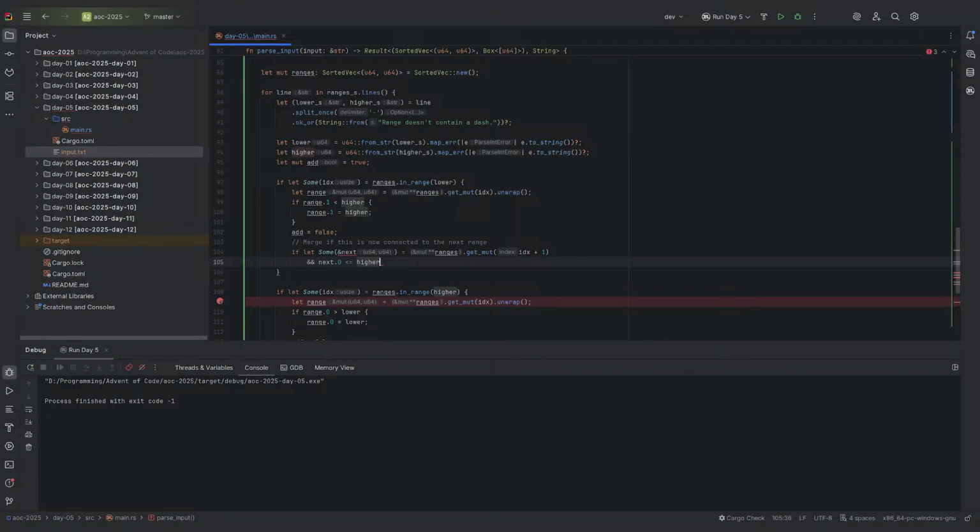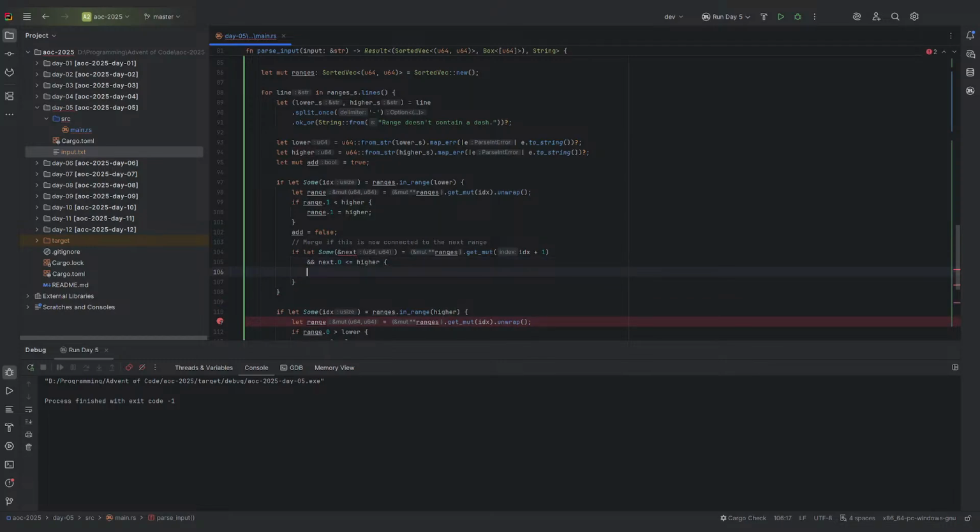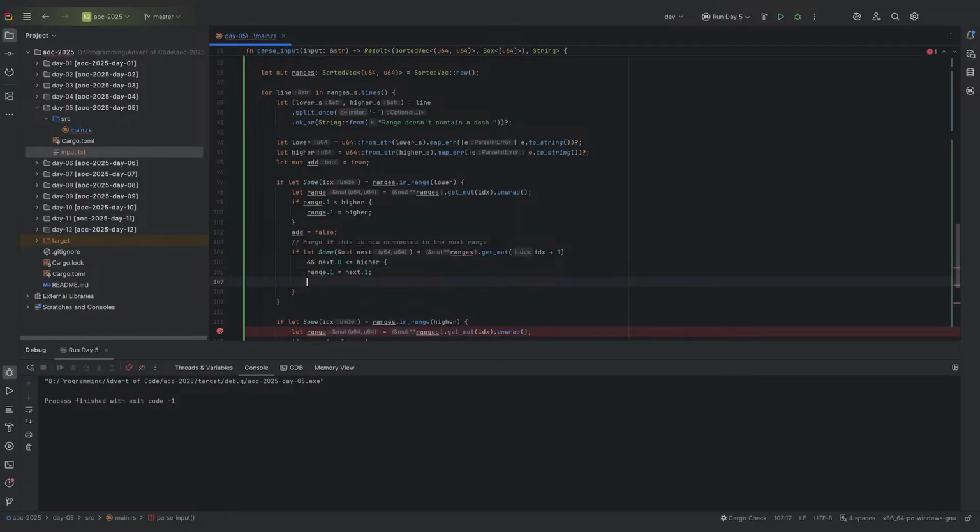If this is now connected, then so we might need to combine these two, in which case do this, but not this.